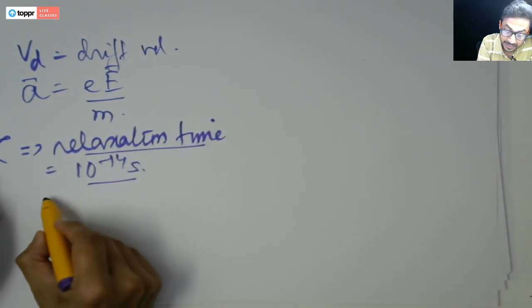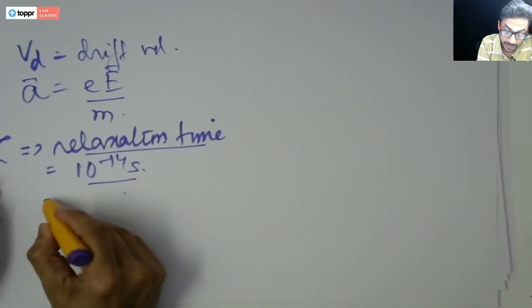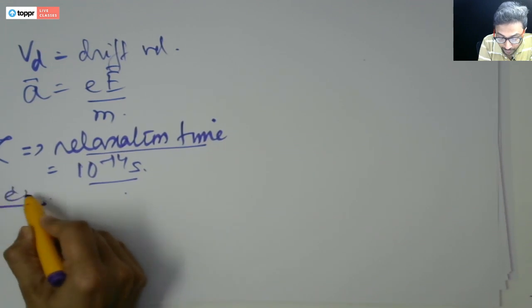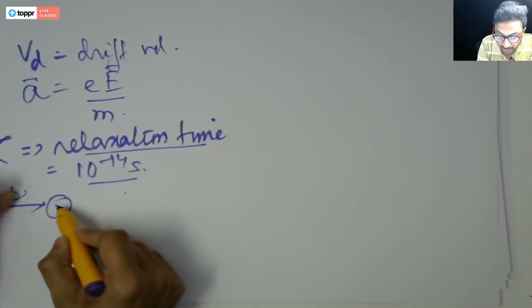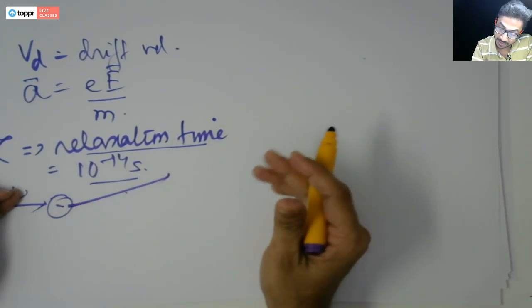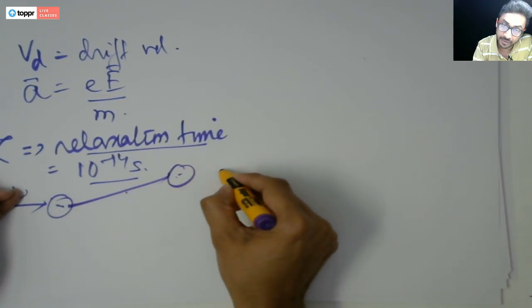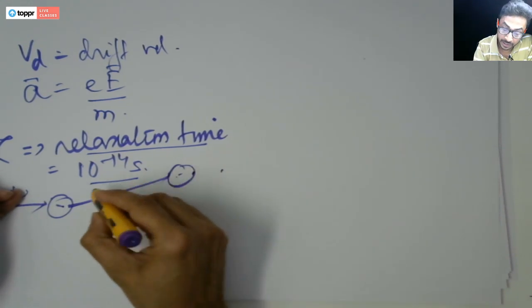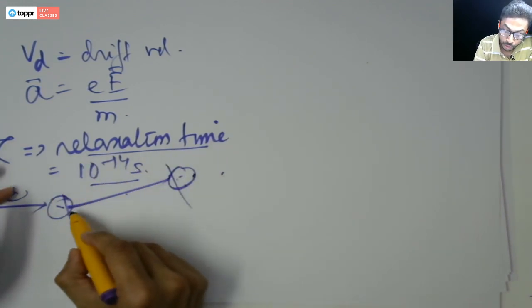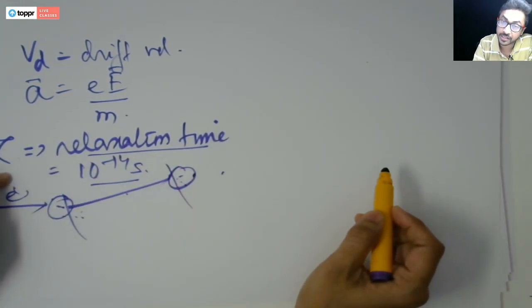This is the time between two collisions. That is, if an electron is moving like this, it is hitting another electron going in another direction, and at the same time it is also accelerating, and it is hitting another immobile charge. The average time between two successive collisions is called the relaxation time.